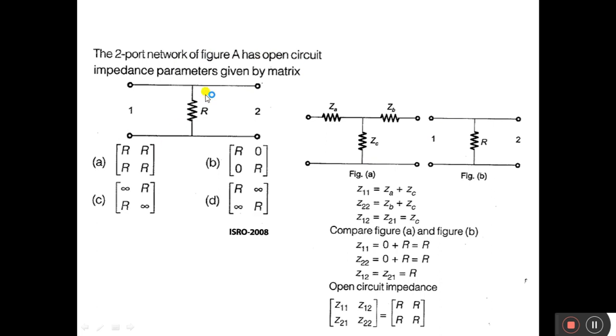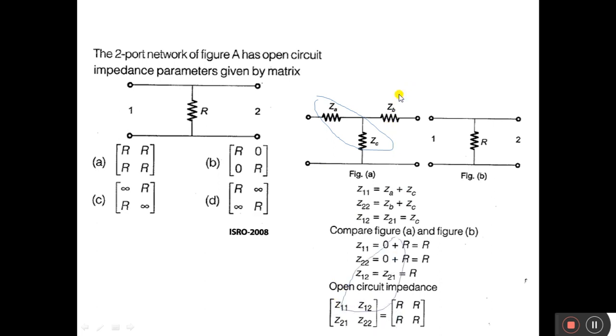If the question is given in delta or any big network, better to convert into star, and you can get the answer directly. No need to use the formula. To calculate Z11, the summation of ZA plus ZC is enough. Just add these two directly and you will get Z11.